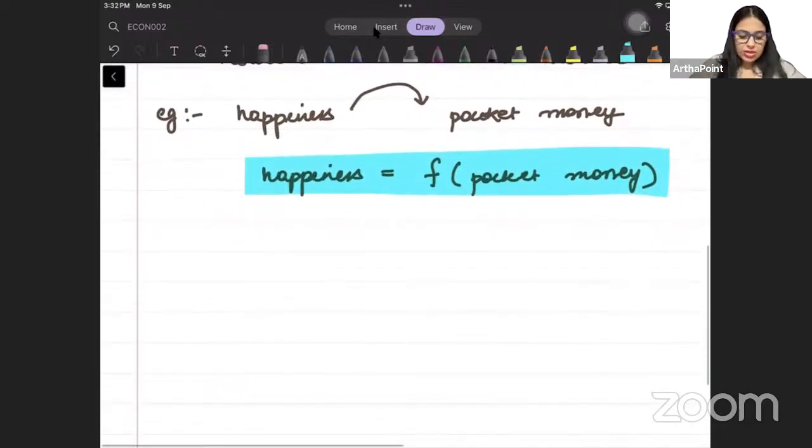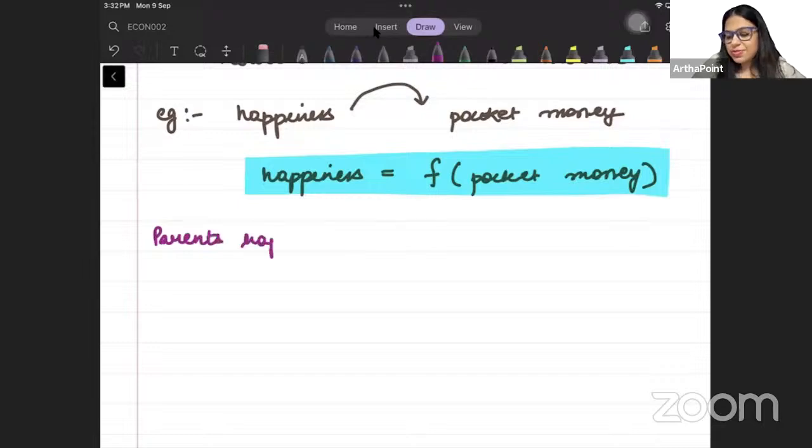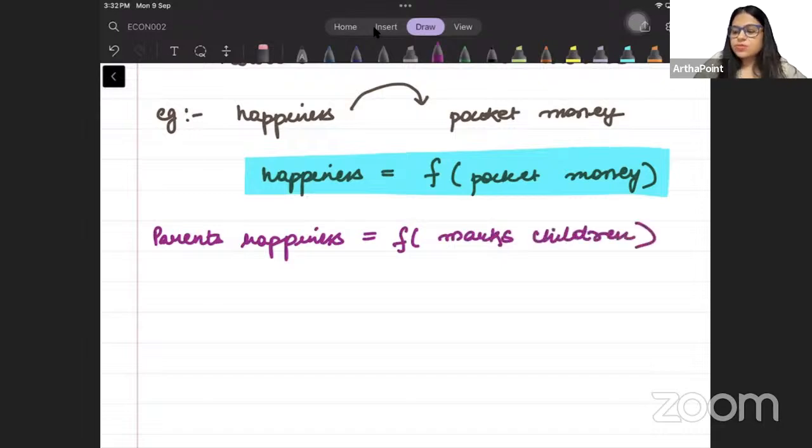ठीक है. Similarly, जैसे मैं बोलूं your parents' happiness किस पे dependent हो सकती है बच्चे? It can be dependent on your marks. So it is a function of marks obtained by children. समझे?